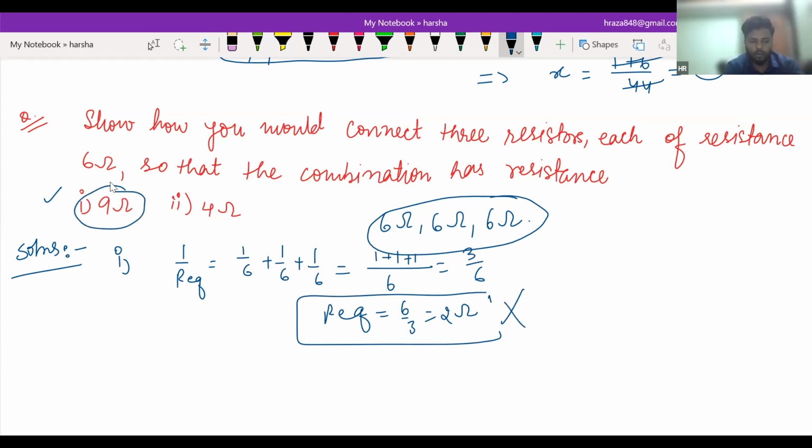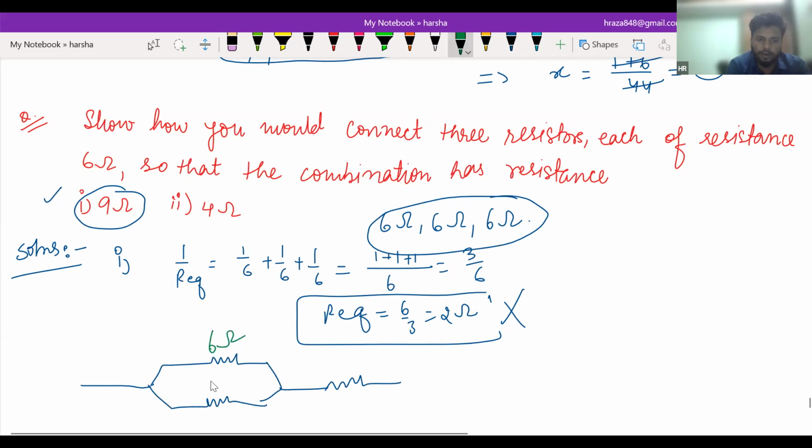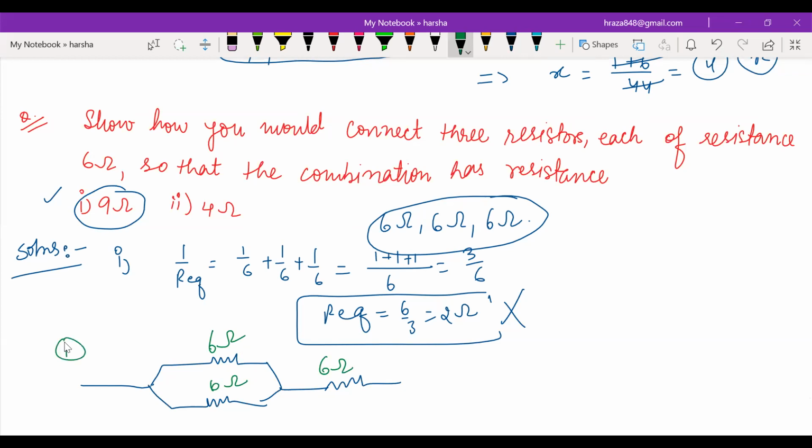So what I'm going to do is put two resistances in parallel and one resistance in series. Here it will look like this. Now, can you please solve the equivalent resistance for this? Yes, sir. So please solve it and let me know.